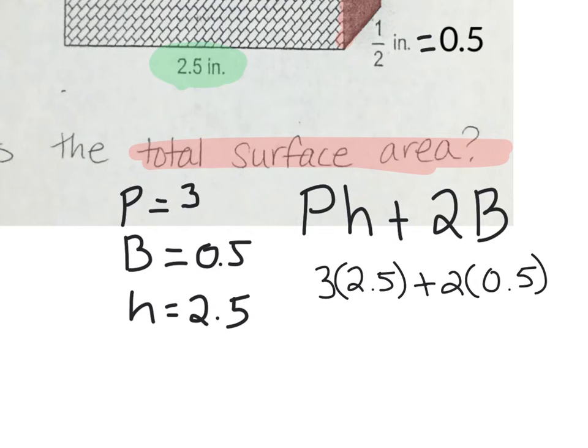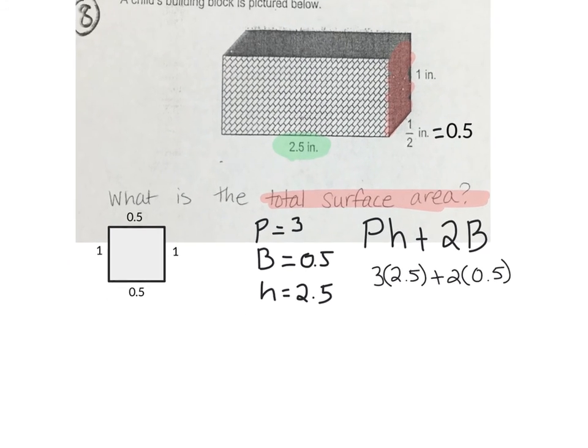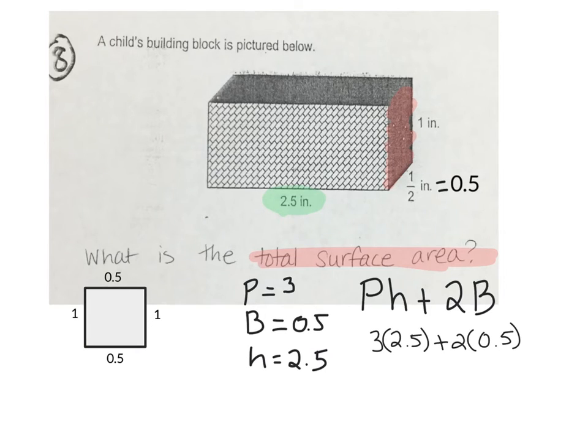We're going to get a total surface area of 8.5. This is inches, so inches squared. If you use a different base, if you use that base that's facing us, that's okay. If you did it correctly, you're still going to get the same answer. All right, there we go, rectangular prisms.